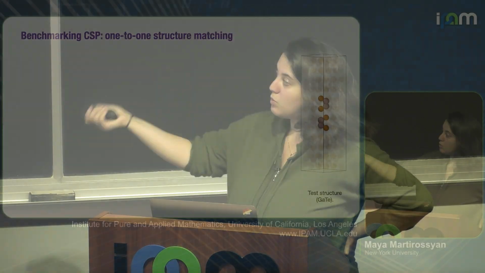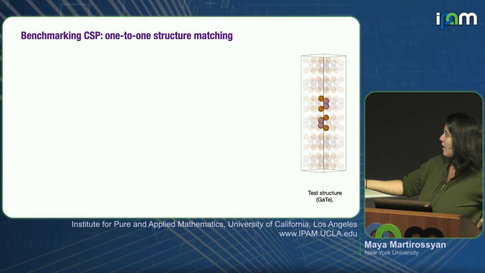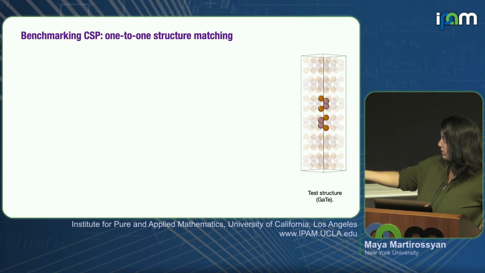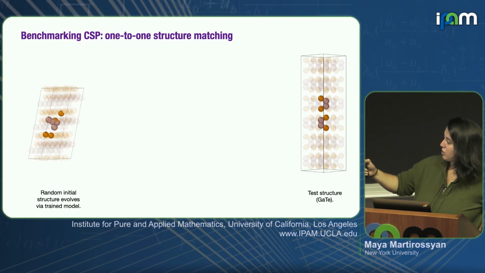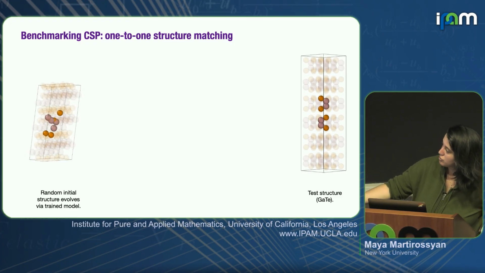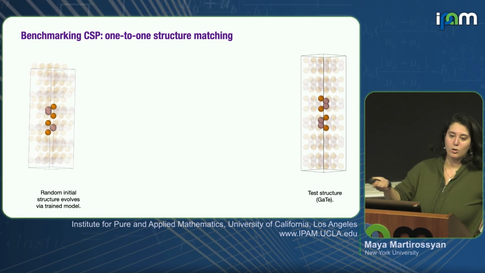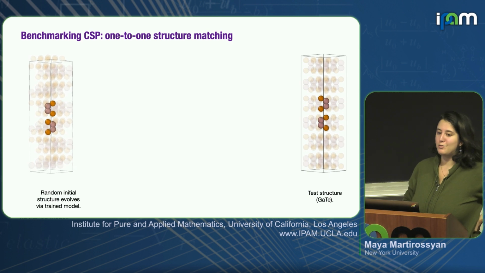The way that we would benchmark crystal structure prediction is we take a test set structure, in this case gallium telluride. Then we start with a random initial structure, and we evolve it forward with our model. We've trained the model already. Now we're going to do inference.